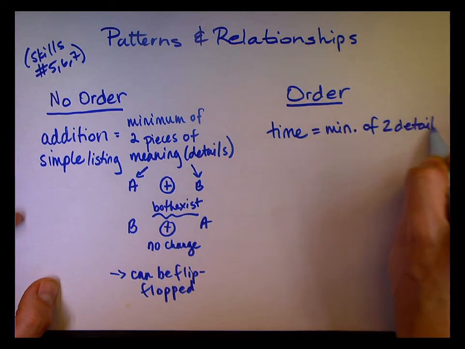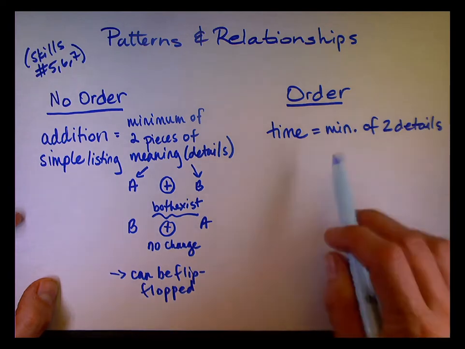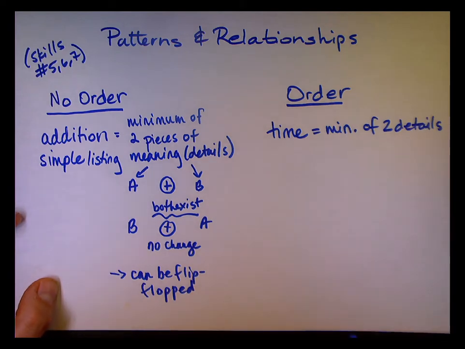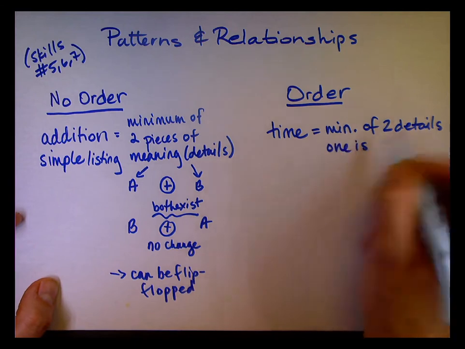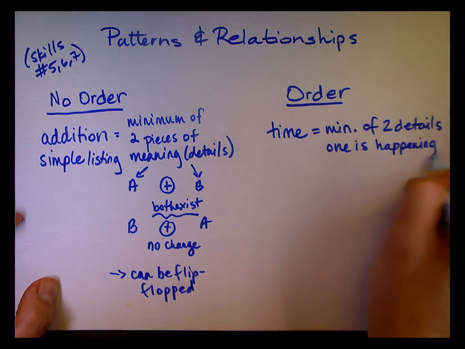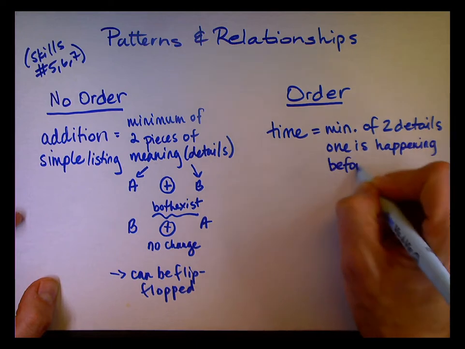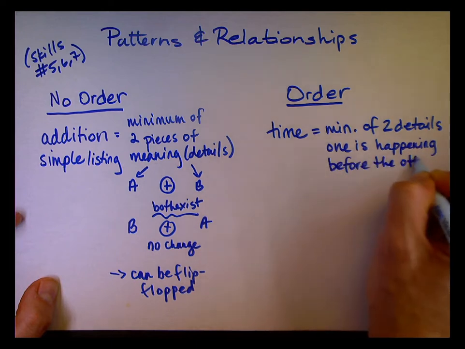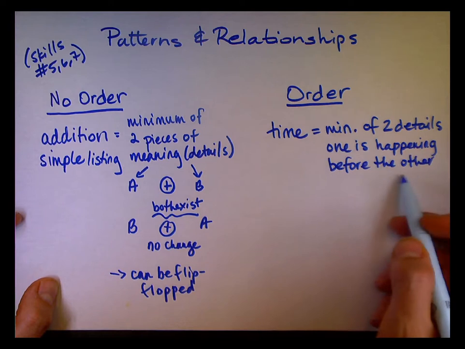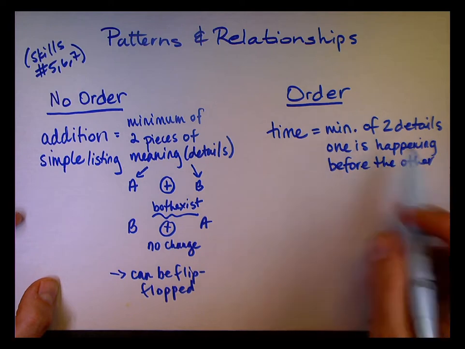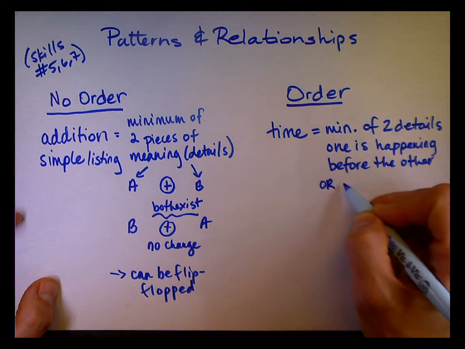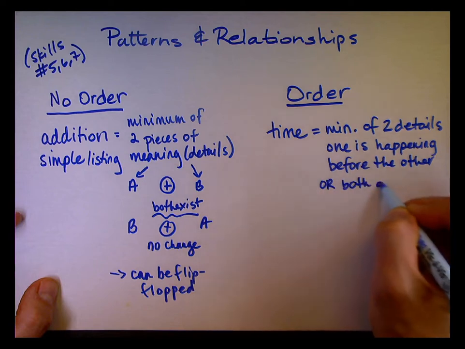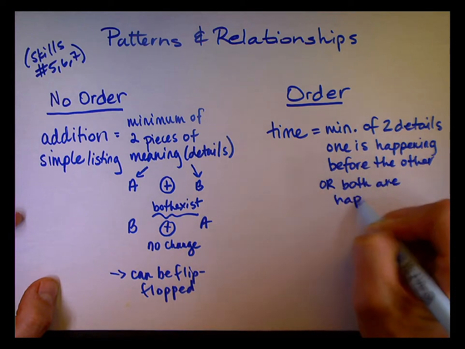Time order means that you have a minimum of 2 details, so 2 little pieces of information, especially if it's within a sentence. Minimum of 2 details. And what about them? One is happening before the other. So that means the other one is happening after the first one.